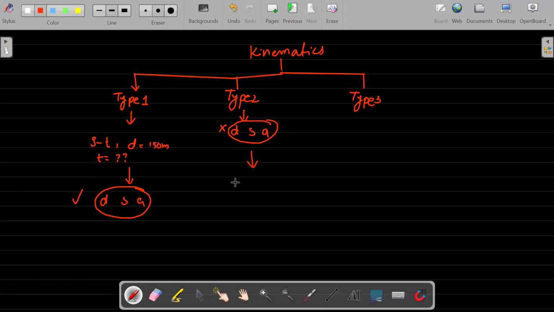Because a speed time graph was given and the value of speed was being asked. Basically, DSA says that we have to move either backward or forward. In this type of question, we have to move neither backward nor forward. It means that DSA was supposed to fail.